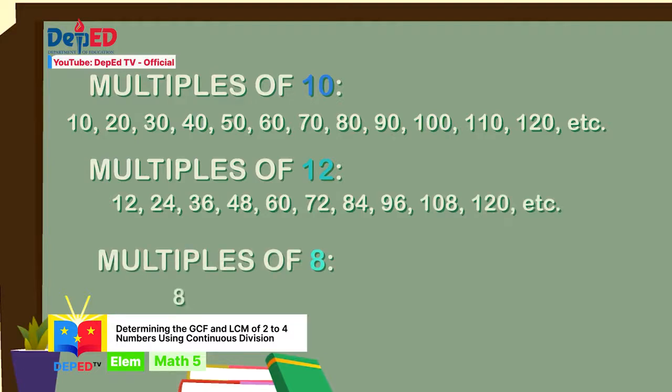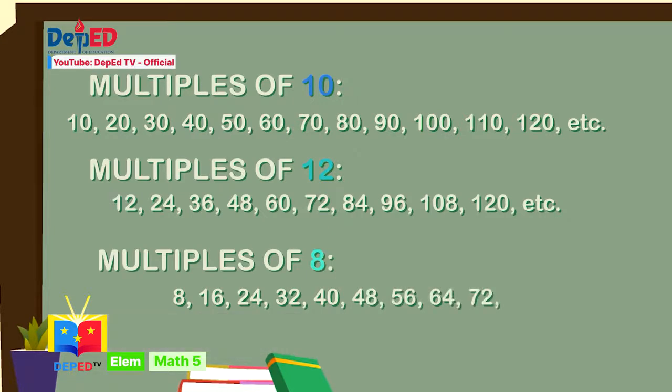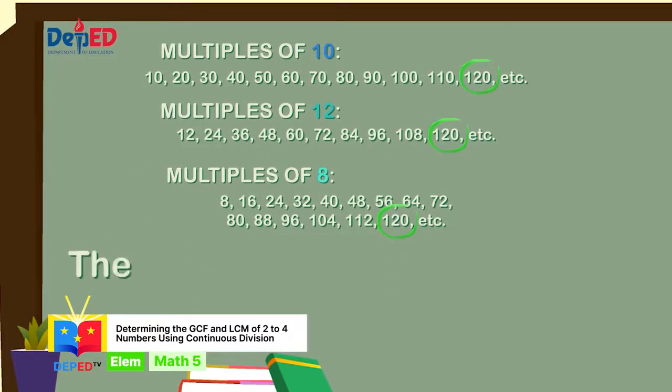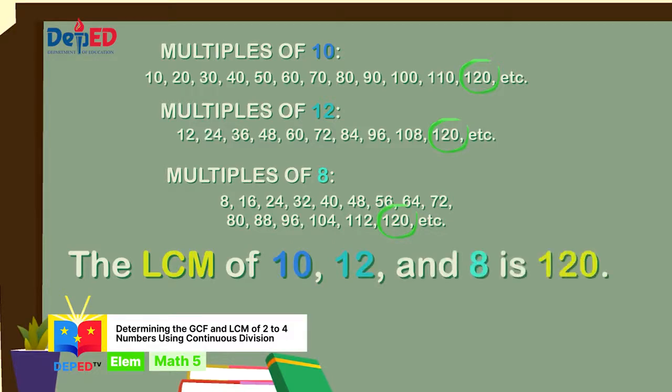Multiples of 8. 8, 16, 24, 32, 40, 48, 56, 64, 72, 80, 88, 96, 104, 112, 120, and so on. Notice that aside from 120, there is no other lesser common value of the three given numbers. Therefore, 120 is the LCM of 10, 12, and 8.